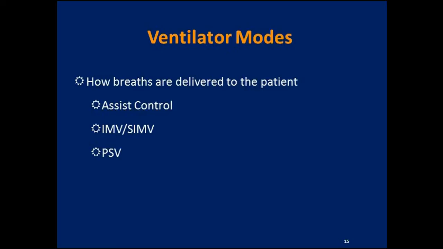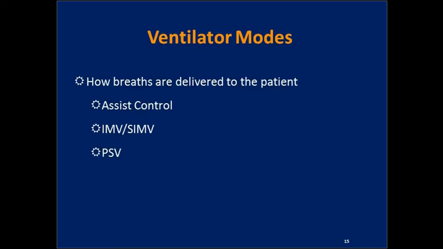Pressure support ventilation is the smallest amount of help, the smallest amount of support from the machine. This is the setting where the patient really does all the work. Instead of having a set respiratory rate and a set tidal volume, there aren't either one of those. The respiratory rate is all spontaneous from the patient.